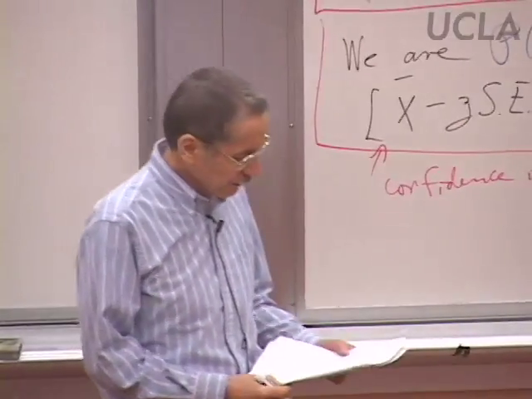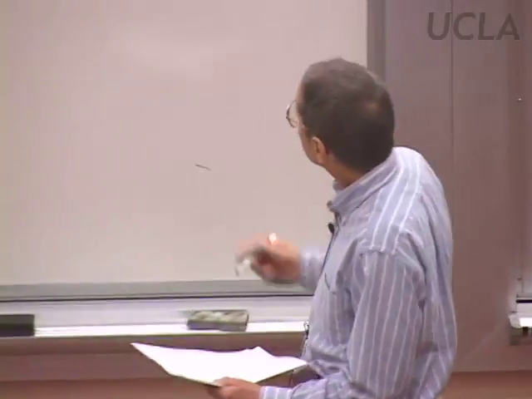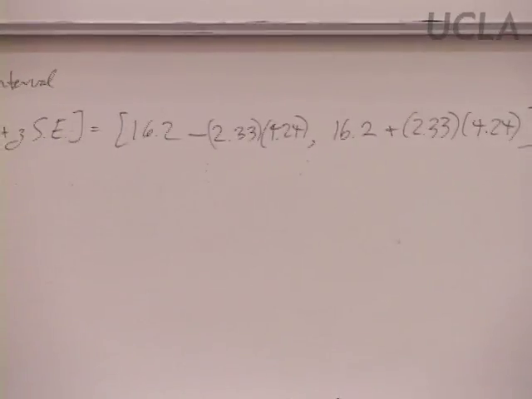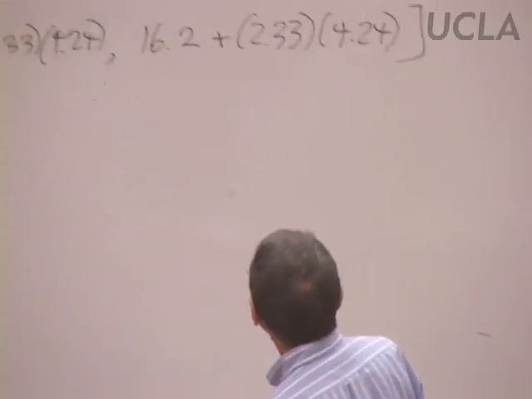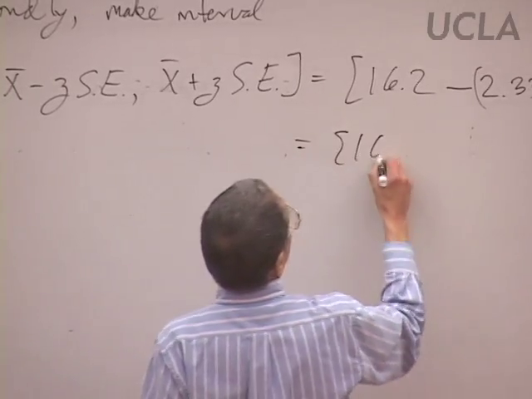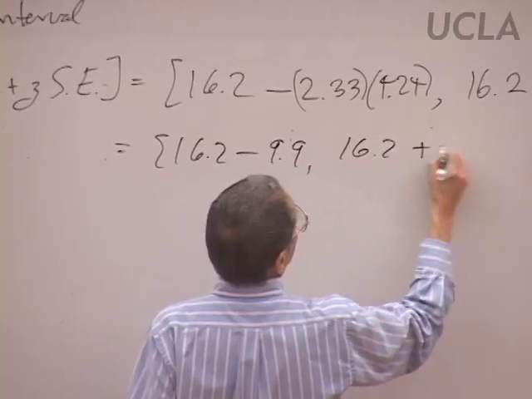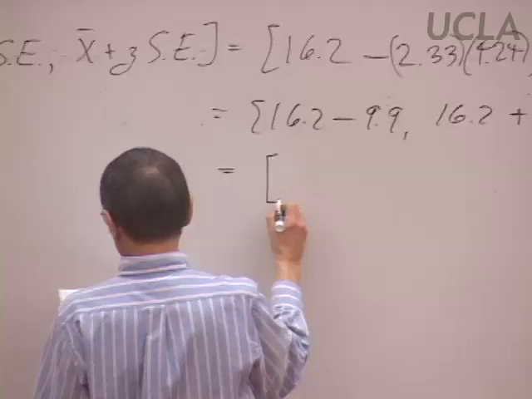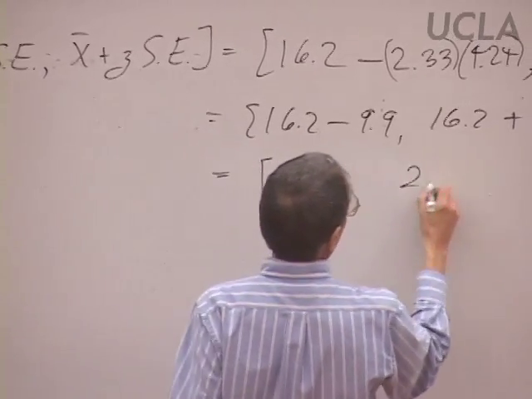Well, so then we do the arithmetic here. Z standard errors turns out to be close to 10, not quite, about 9.9. So here we are with the interval from 6.3 up to 26.1.